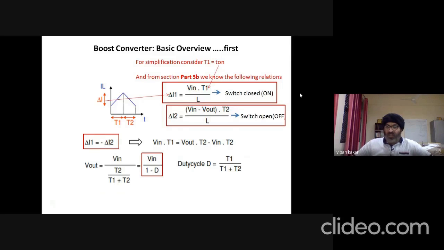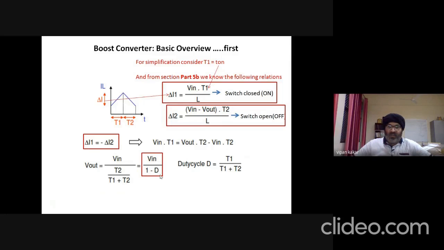So equating these two equations for delta I1 and delta I2 together, we can easily find out that V out is equal to V in divided by 1 minus D, where D is the duty cycle. The maximum value of duty cycle can be 100%, which is 1.